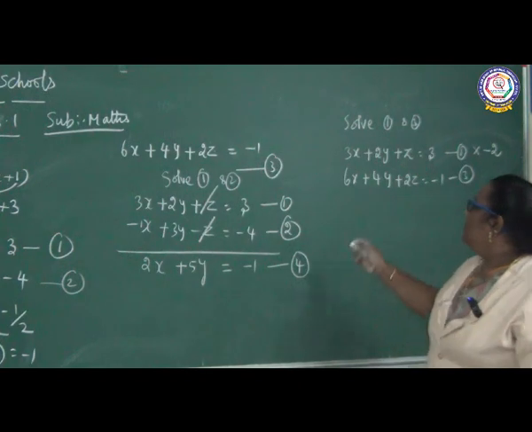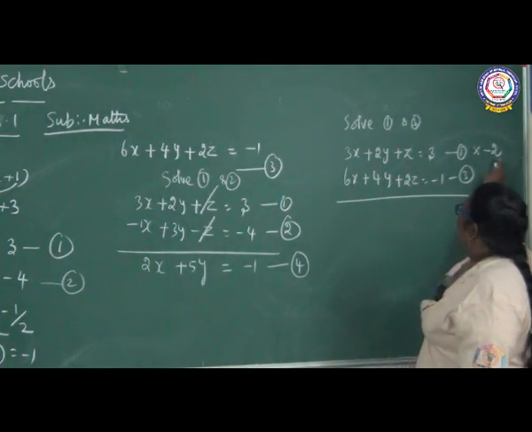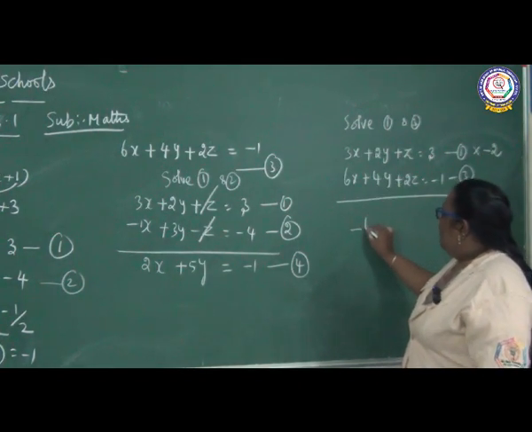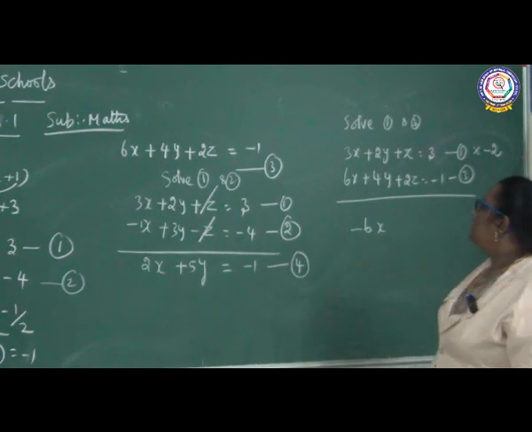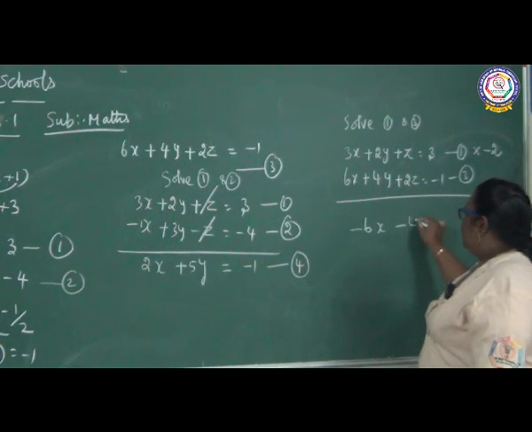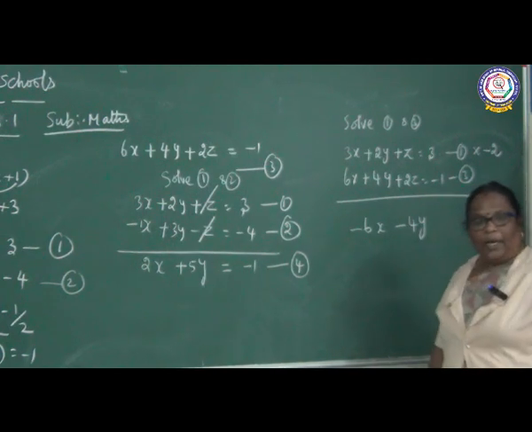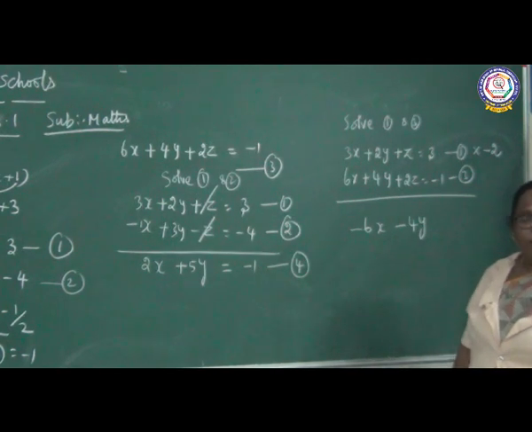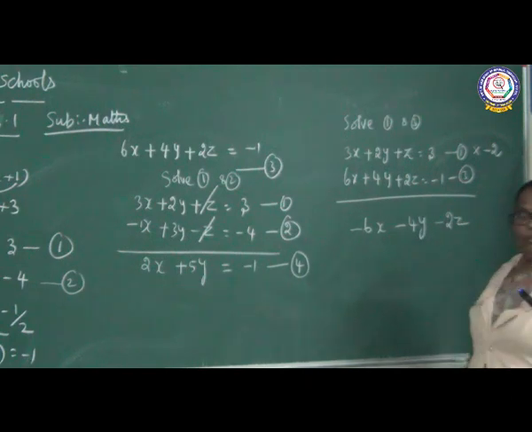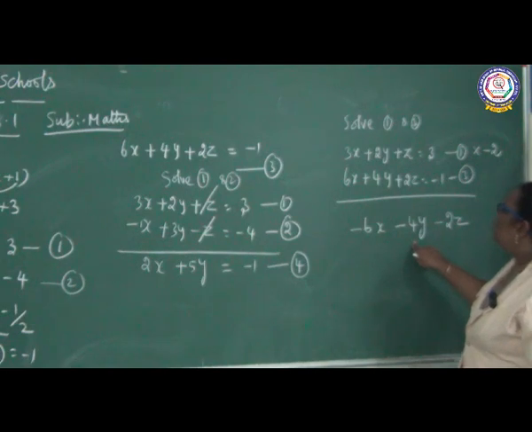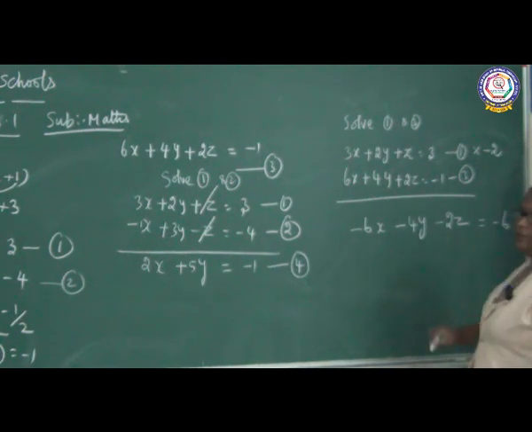Okay, see here. Multiply by minus 2: minus 2 into 3x is minus 6x, minus 2 into 2y is minus 4y, minus 2 into z is minus 2z, equal to minus 6.